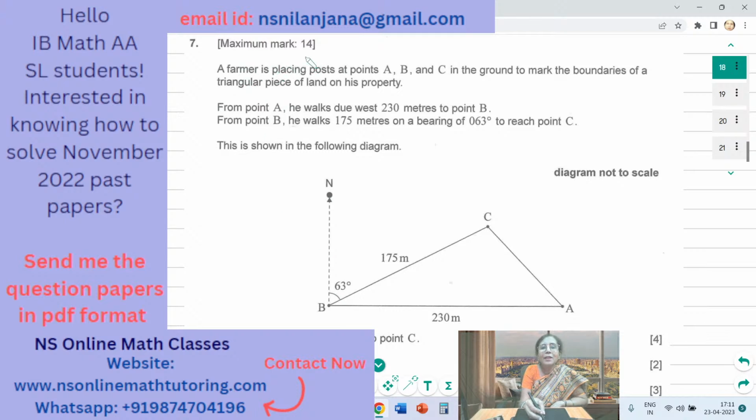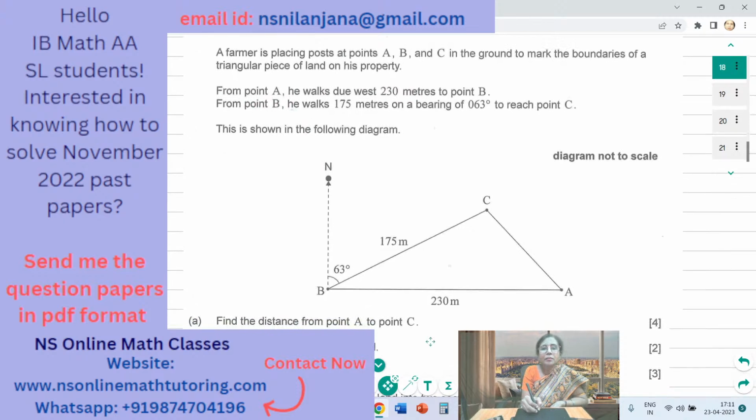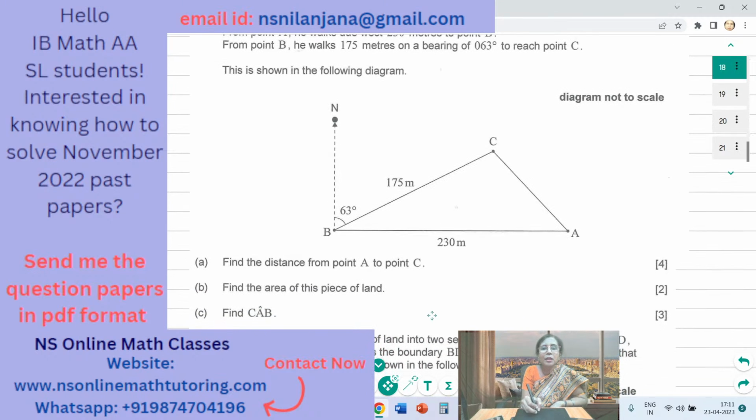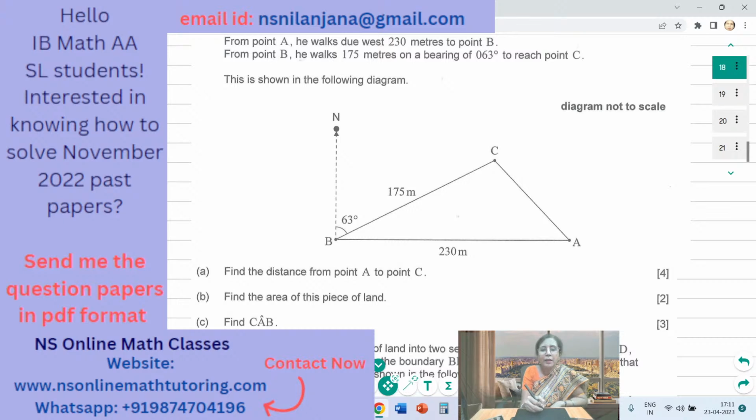Question number 7 carries 14 marks. A farmer is placing posts at points A, B, and C in the ground to mark the boundaries of a triangular piece of land on his property. I hope you are able to see the diagram. ABC, these are the 3 points.